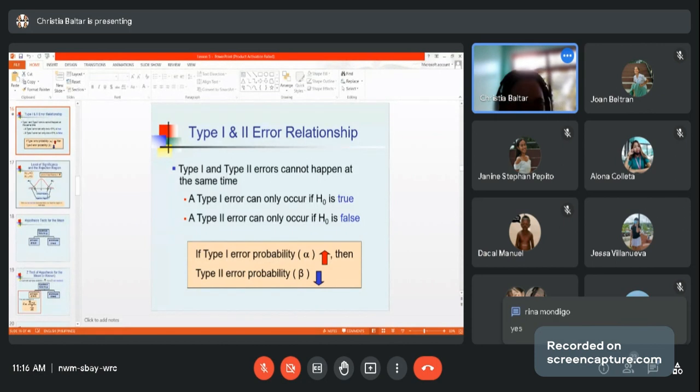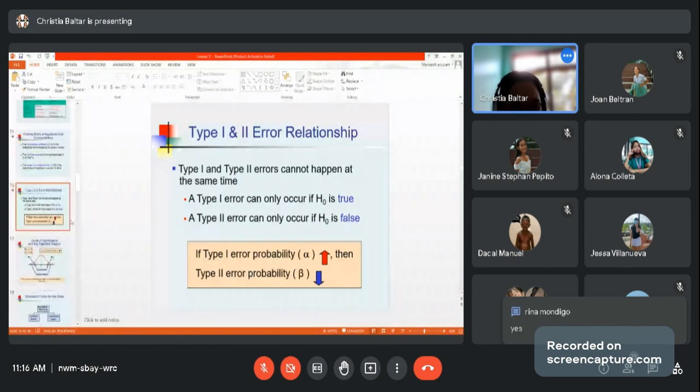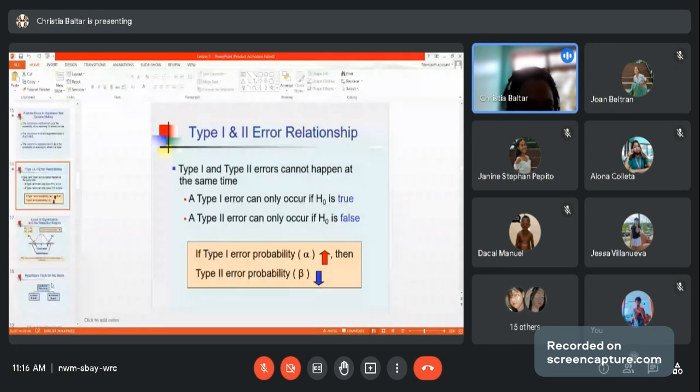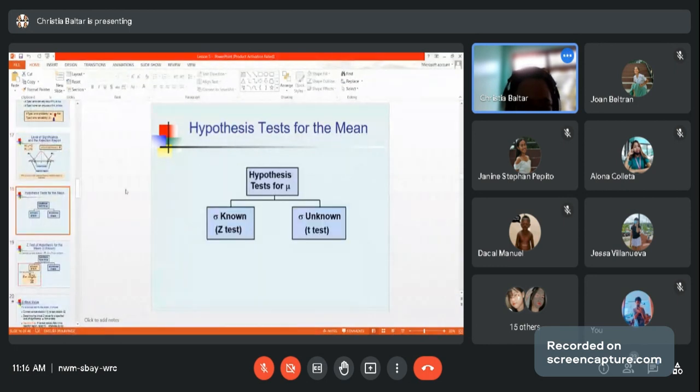Ma'am. This one, not yet. Okay. So, here, no? The different tests for a single mean.